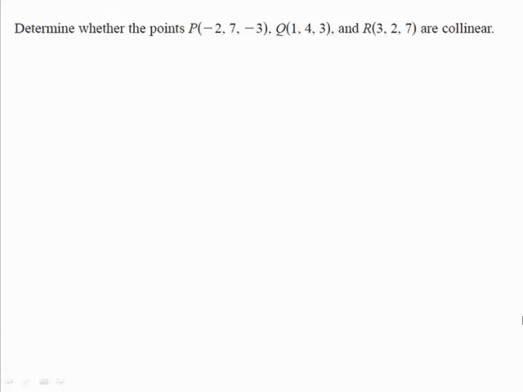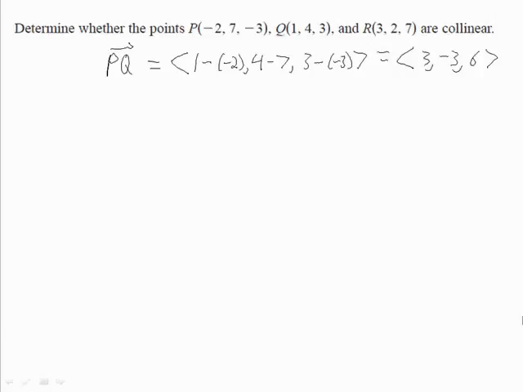Determine whether the points p, the ordered triple -2, 7, -3, q, the ordered triple 1, 4, 3, and r, the ordered triple 3, 2, 7, are collinear. The component forms of the vectors pq and pr are: the vector pq is equal to 1 minus -2, 4 minus 7, and 3 minus -3, which is equal to the vector 3, -3, 6.